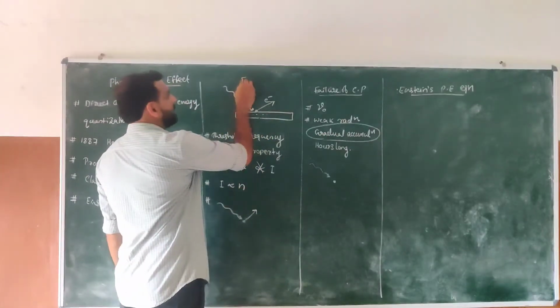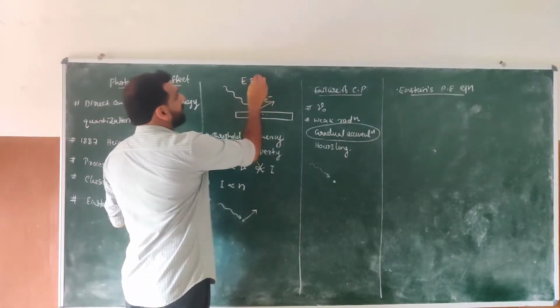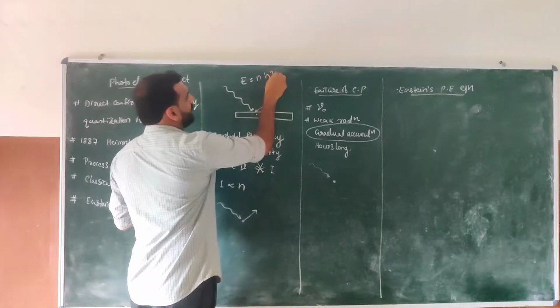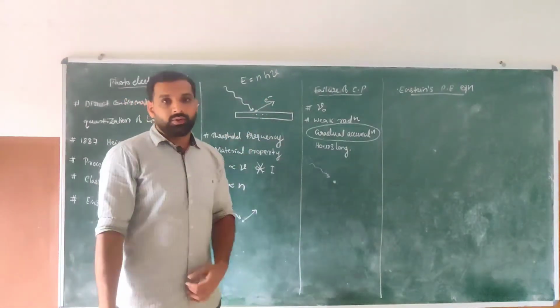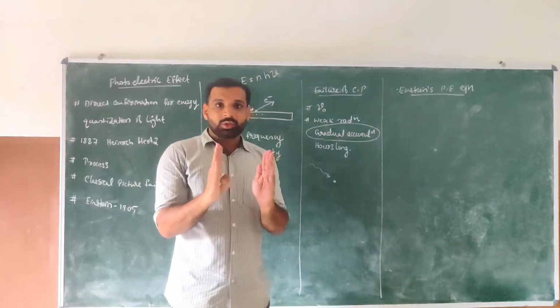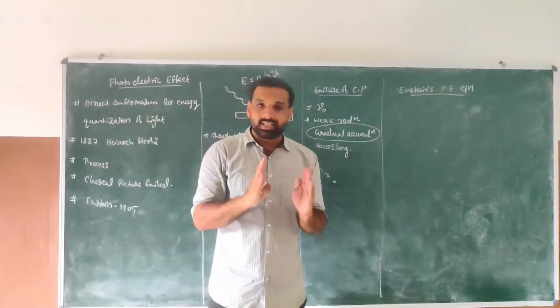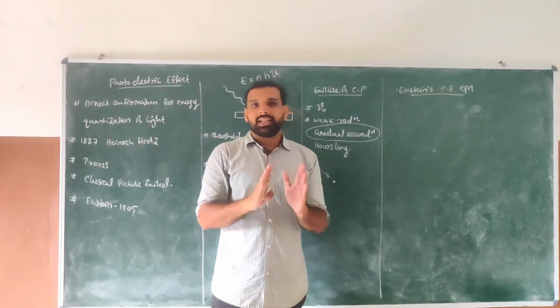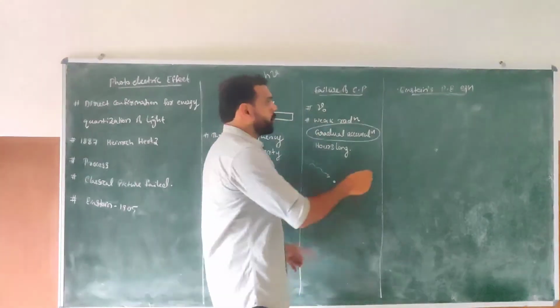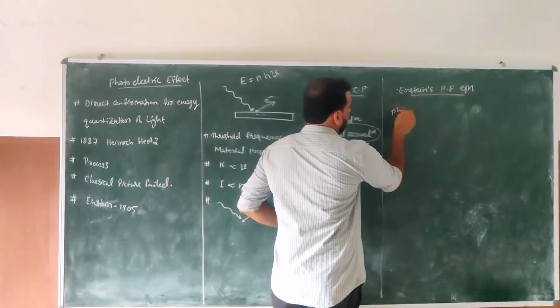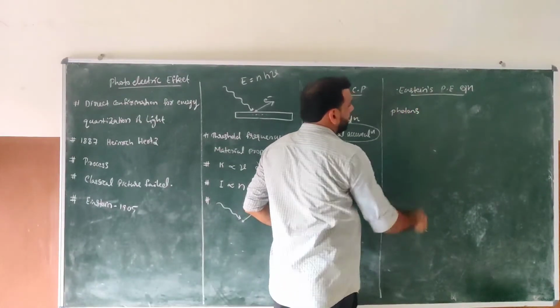According to it, energy contained by electromagnetic radiation is an integral multiple of h nu, where nu is the frequency of the radiation. So Einstein said that electromagnetic radiation actually contains small packets of energy called photons.